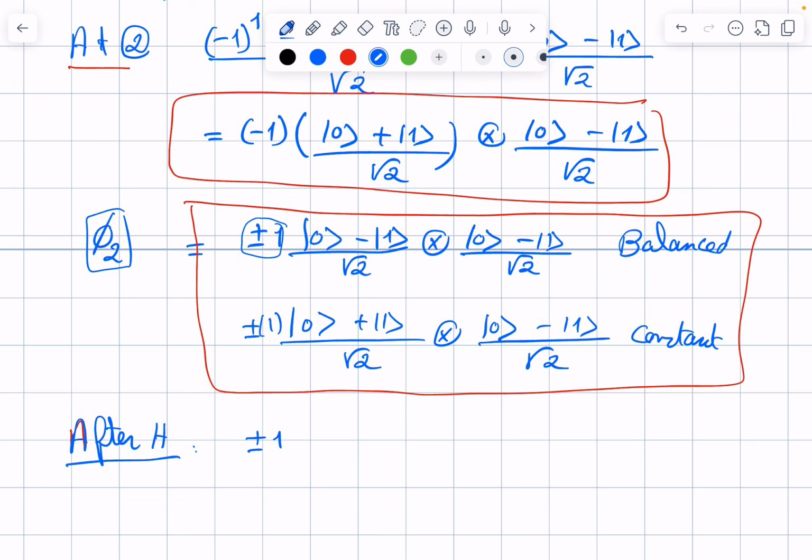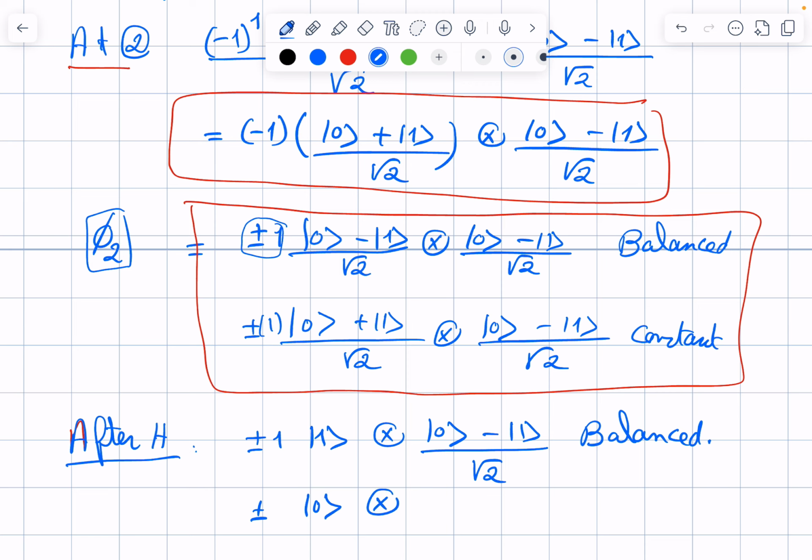This is negative, so it will give a 1, tensor with 0 minus 1 over square root 2 for balanced, and it will be plus or minus. This is plus, so it will be a 0 tensor 0 minus 1 over square root 2 if it is constant.